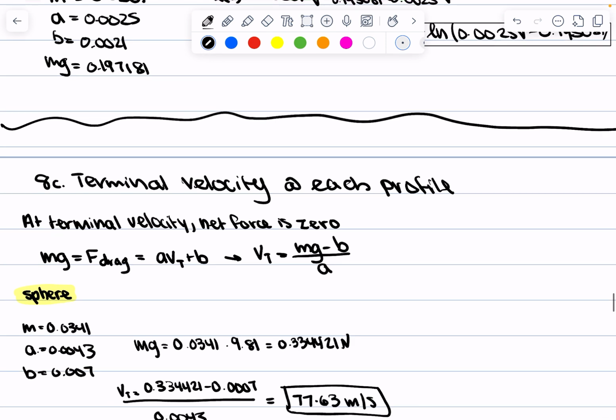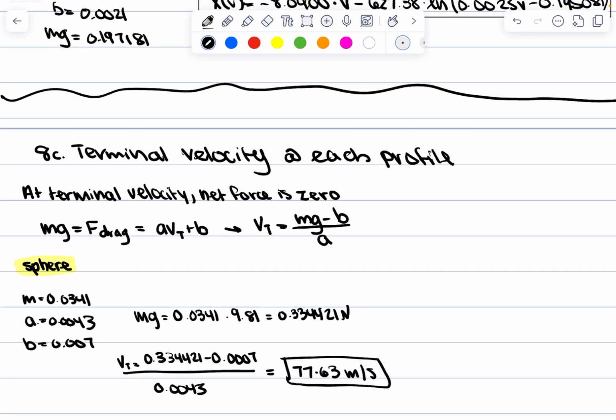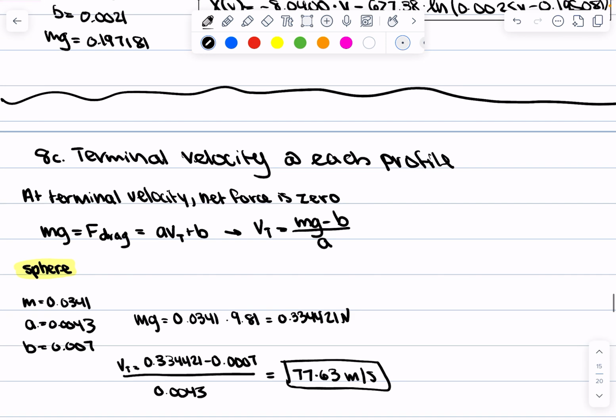And then for 8c, the terminal velocity of each profile. So at terminal velocity, the net force is equal to 0. So mg is equal to f drag, which is equal to slope times terminal velocity plus your y-intercept.